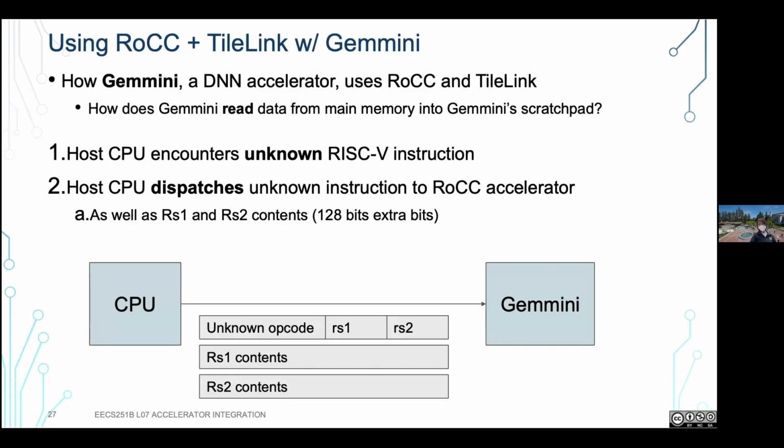Once the accelerator sees those instructions, it's completely up to the accelerator how to interpret those instructions and data. It could also encode multiple different RoCC accelerator instructions, so there could be decoding logic in your RoCC accelerator to figure things out.